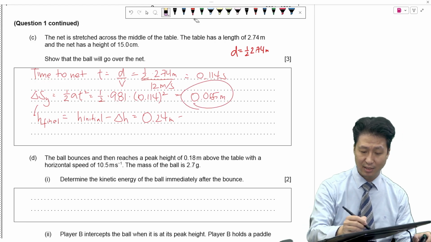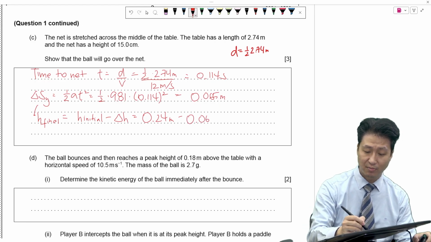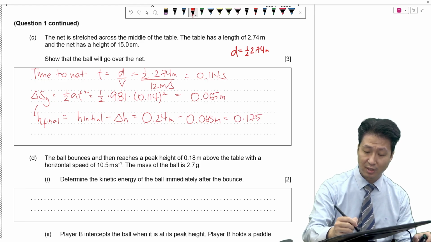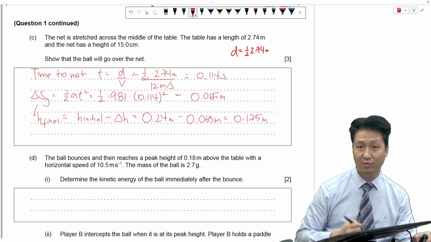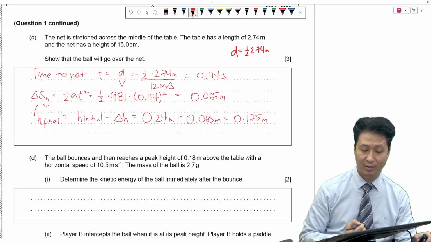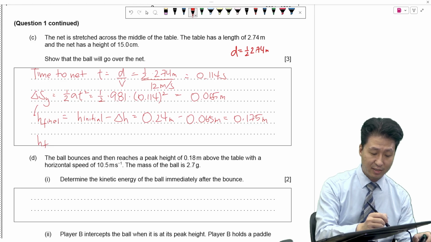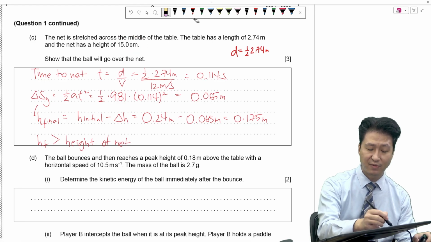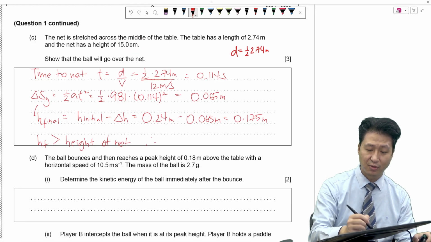The change in the height is what we found here, 0.065 meters, making the final height 0.175 meters, which is 17.5 centimeters. The final height is greater than the height of the net, which we will call 15 centimeters. Therefore, the ball goes over the net.